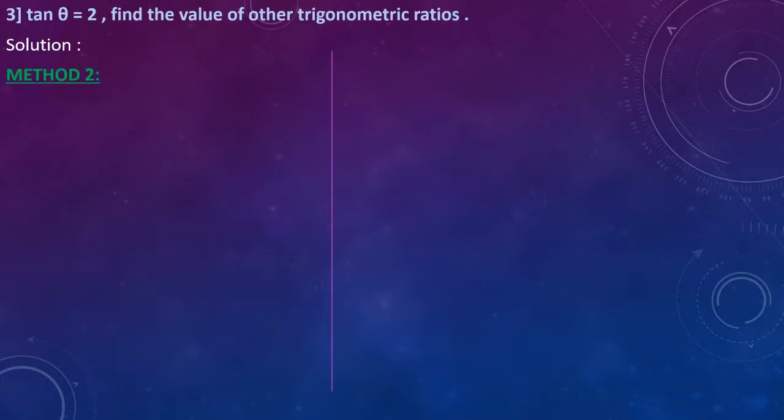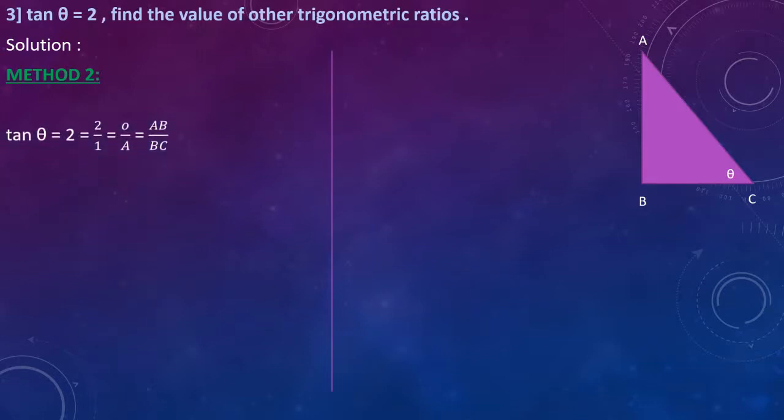So by doing it by method 2, we need to draw a right angle triangle first. So let us draw a right angle triangle and name it as ABC, where angle C is theta. Okay, now we know that tan theta is 2, which is already given in the question. So this 2 can be written as 2 upon 1.